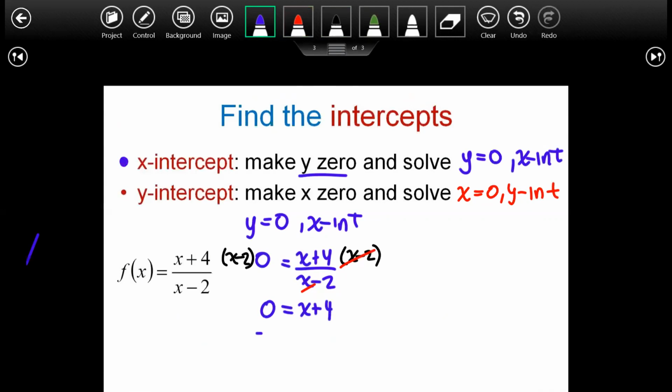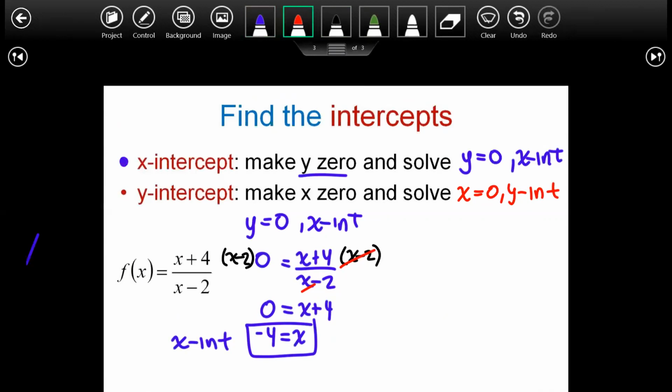If we subtract out 4, x is equal to -4. Our x-intercept is going to be at -4. Done. Usually when you set y equal to 0 for a rational function, the bottom will go away, because we're going to multiply these out. So we get an intercept at -4.